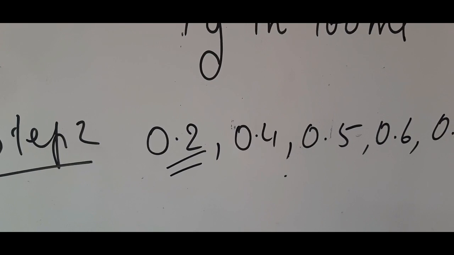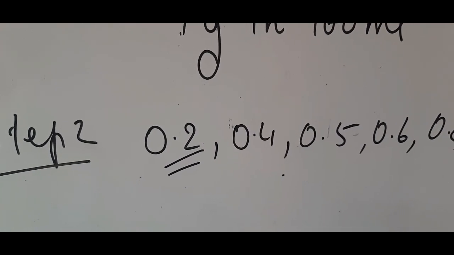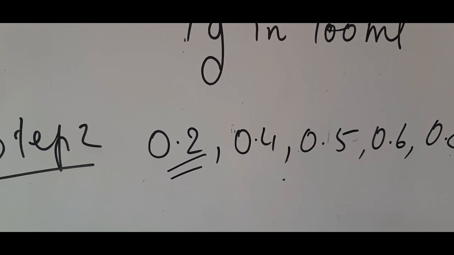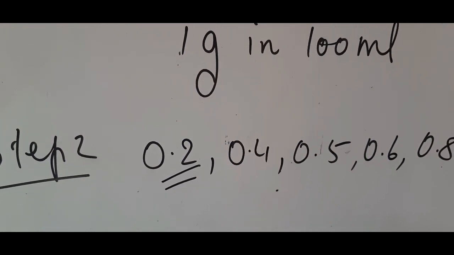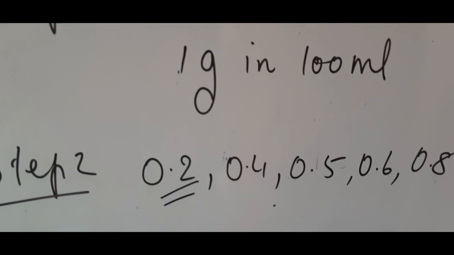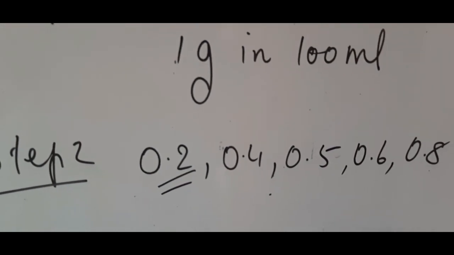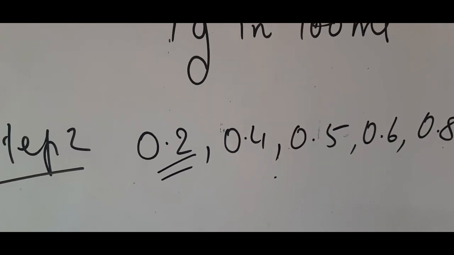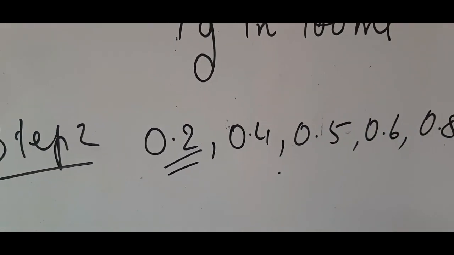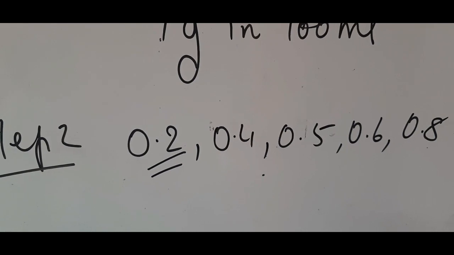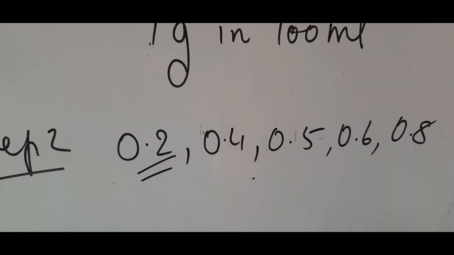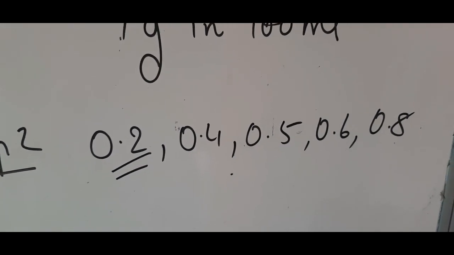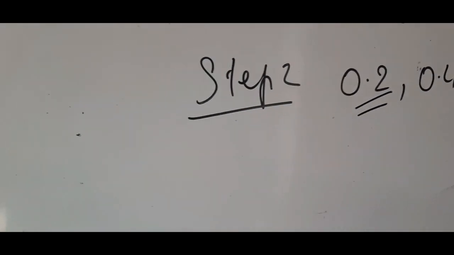If you want a lower quantity, we can take 2 ml of the 1% PVA and make it up to 10 ml. Then also we will get the 0.2 concentration. Likewise, if we take 4 ml of 1% PVA and make it up to 10 ml, we get 0.4 concentration. And likewise for 0.5, 0.6 and 0.8. So this will be step 2.